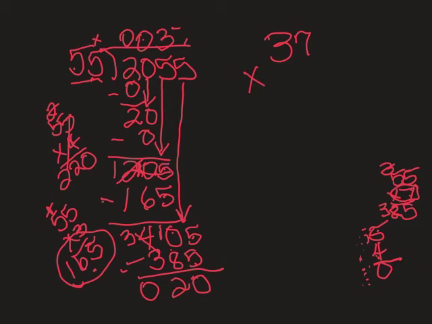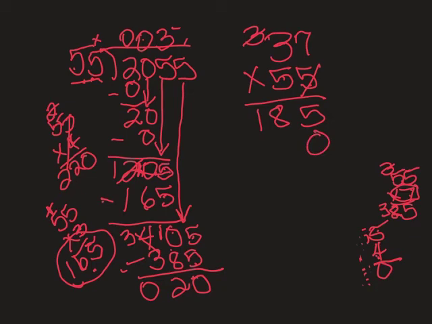I'm going to multiply it by the divisor, which is 55. And let's see what we get. 5 times 7 is 35. Carry my 3, 35. 5 times 3 is 15 plus 3 is 18. So I have 185. I'm done with the 5.